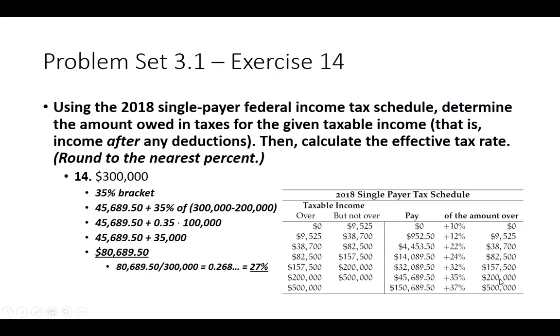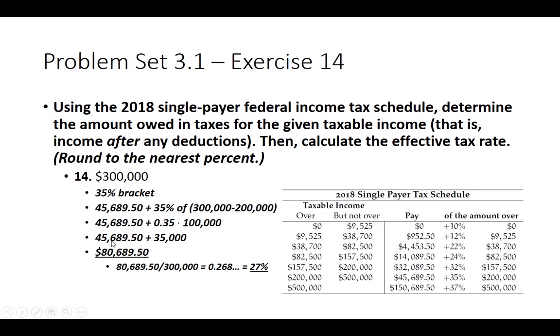To find the amount over 200,000, we subtract. 300,000 minus 200,000 is 100,000. And 35% of 100,000 is 0.35 times 100,000, or 35,000.